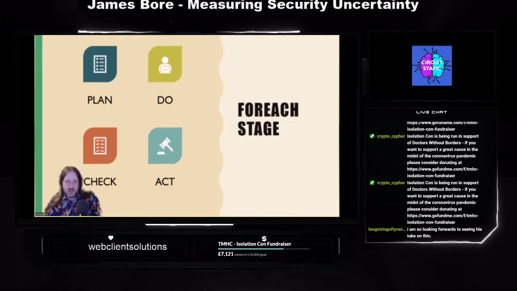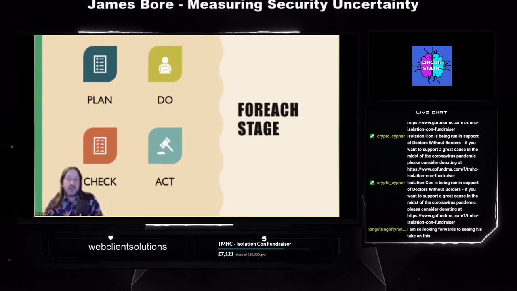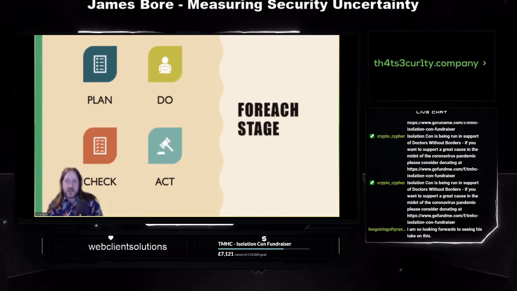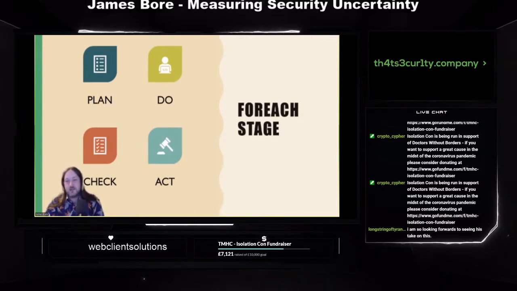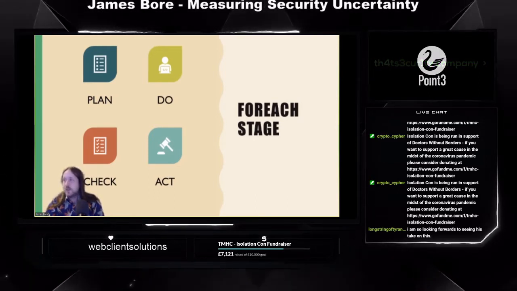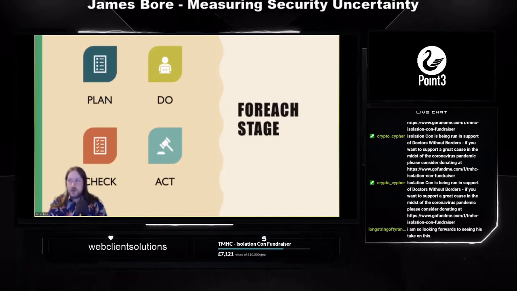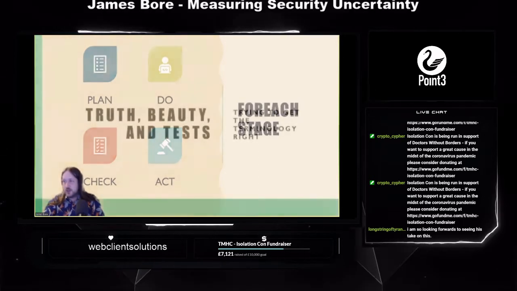Did it hit what we wanted it to hit? And act is, anything that didn't work, fix it, work out what to do on the next planning stage, and standardize anything that did work. Again, very simple. I'm not doing a talk on project management here. So hopefully everyone's comfortable with those. Let me know if you want to go into them more, and I'll introduce you to a Prince2 guy.